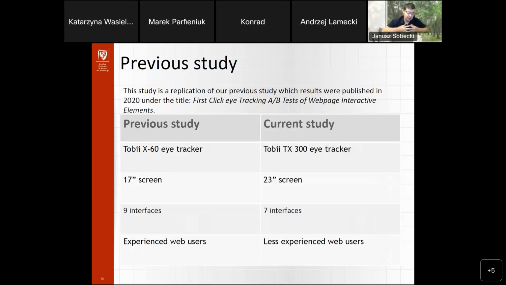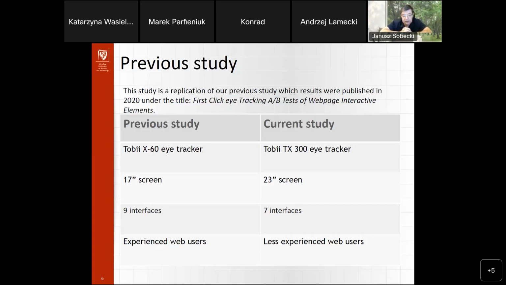So as it is said even in the title, we are making the experiment again, but with some differences. Our former experiment was done in 2019, and we published it in 2020.